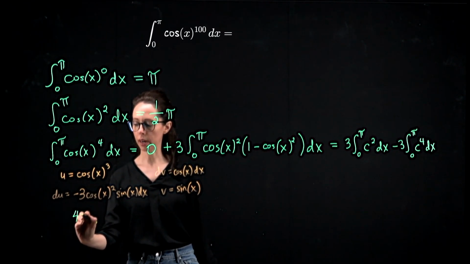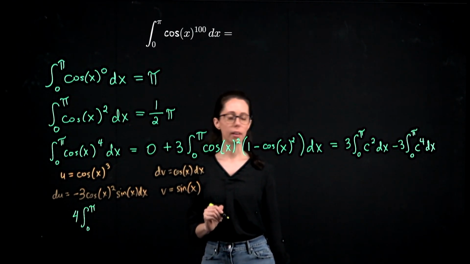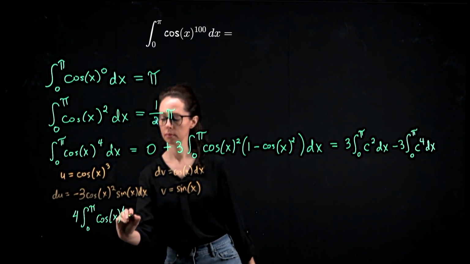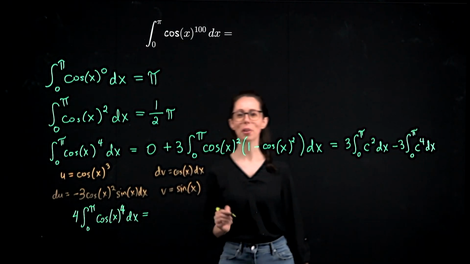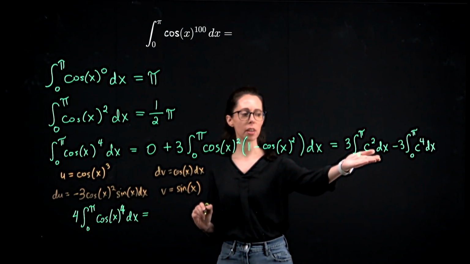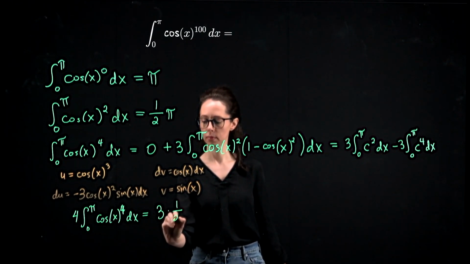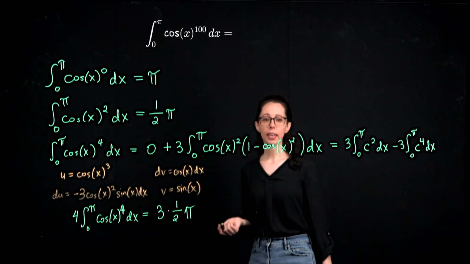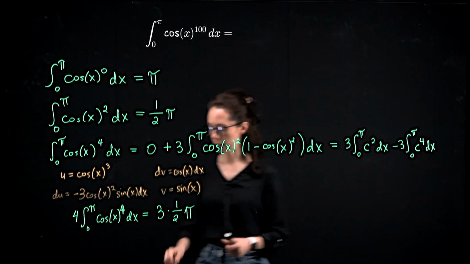So let's write 4 times the integral from 0 to pi of cosine to the 4th power equals 3 times an expression that we already have on the board, which is 1/2 pi. We can now isolate the integral from 0 to pi of cosine raised to the 4th power by just dividing both sides by 4.